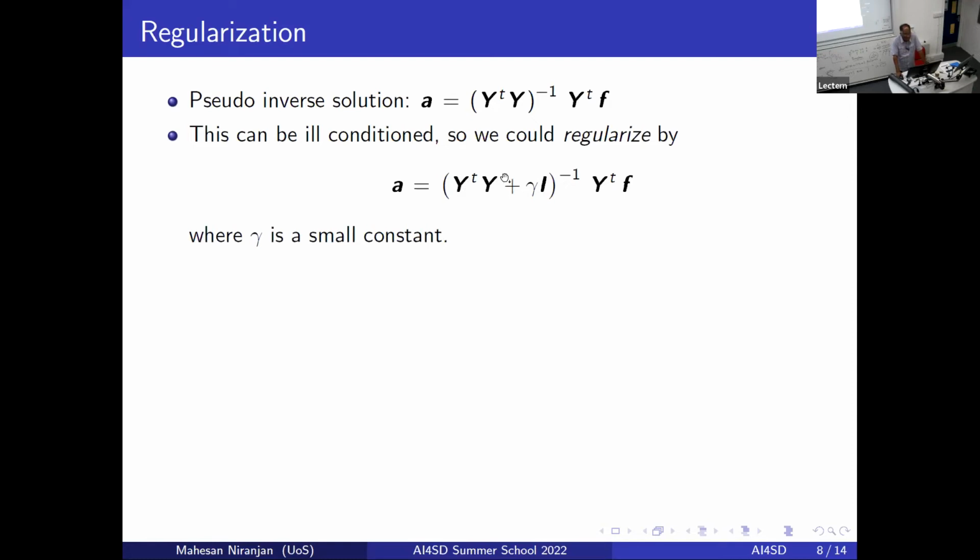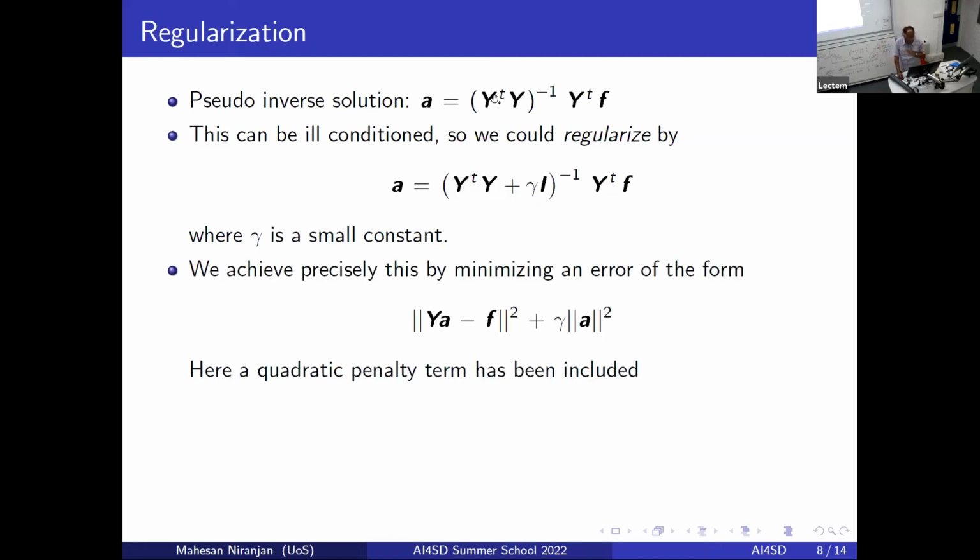Okay. Where did we get that expression from? We got that expression from minimizing an error between Y times A and F. We wrote out the error, differentiated it, equated it to 0, and got that expression. I can go and write a slightly different error, which is this one. And what is this error going to tell me?